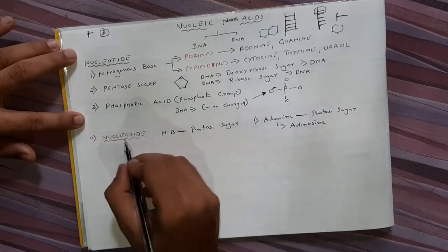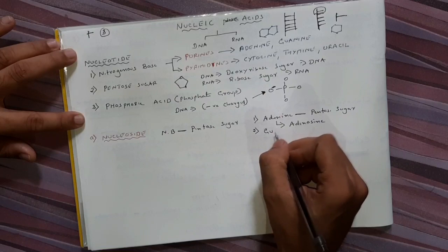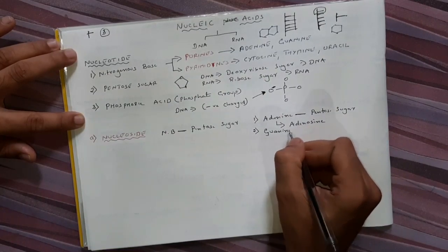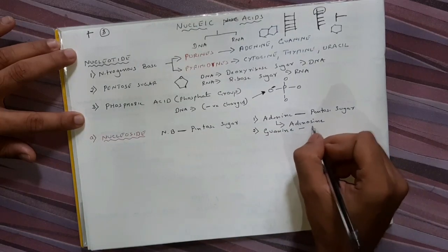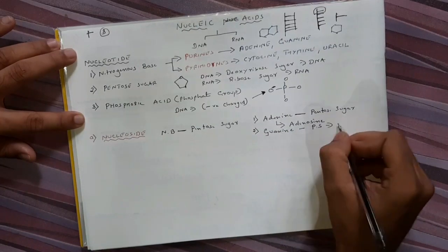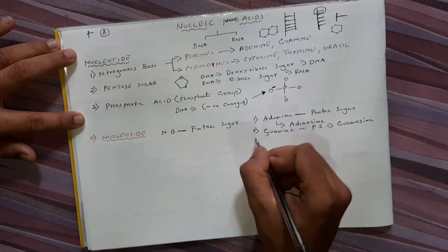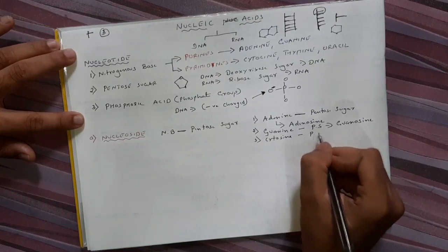So adenosine is nothing but a nucleoside. Okay, so we can go on making one more type, another nucleoside. If guanine is present in the nitrogenous base place, with pentose sugar, you call it guanosine.